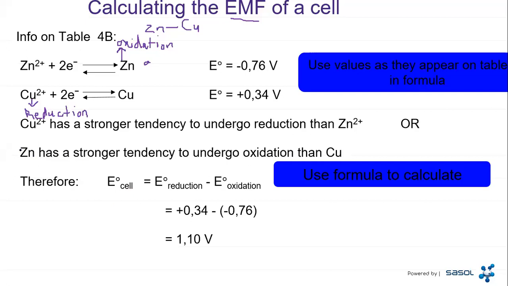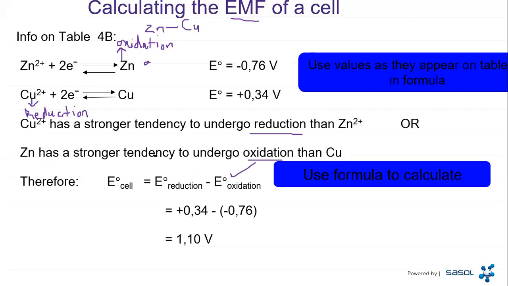So Cu2+ has a stronger tendency to undergo reduction than Zn2+ ions, and zinc has a stronger tendency to undergo oxidation than Cu altogether, right? Therefore, if we want to calculate the EMF of the cell, we'll say E naught cell is equal to E naught reduction minus E naught oxidation.